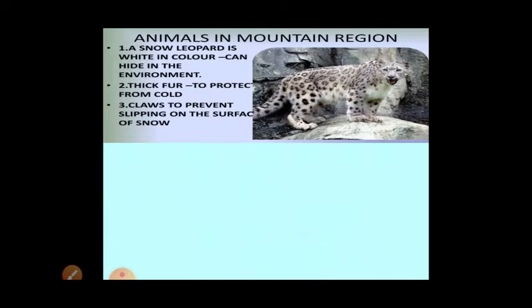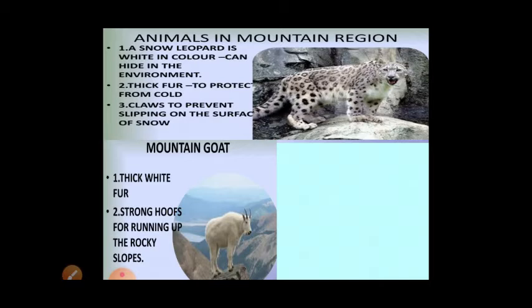Also they have thick fur which protects them from the cold. And their claws prevent them from slipping on the snow surface. Their claws are a little different, which helps them skate or walk on the snow.